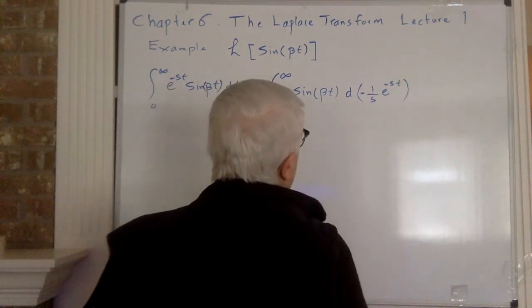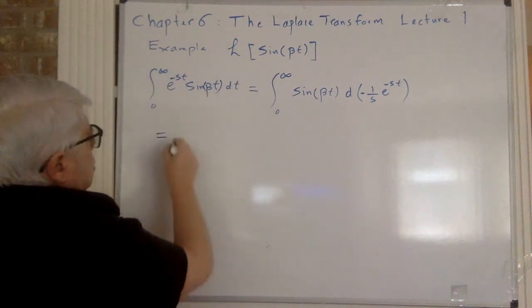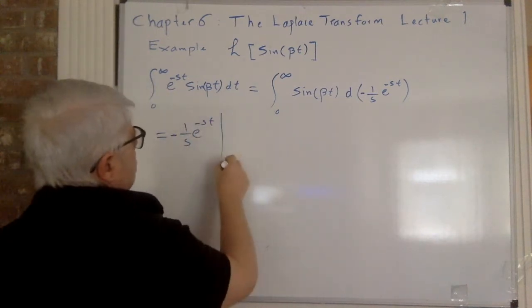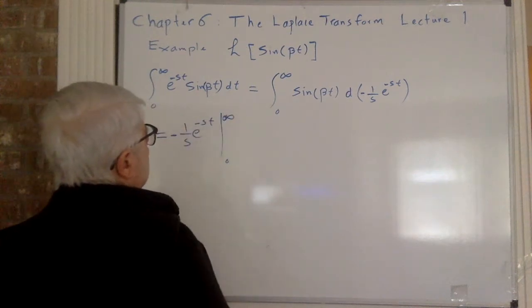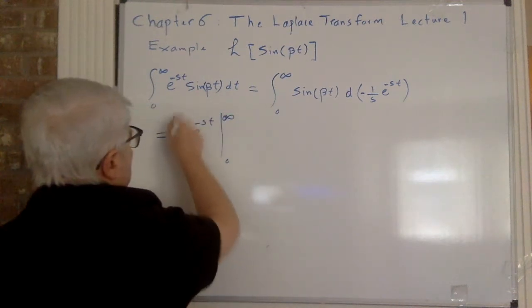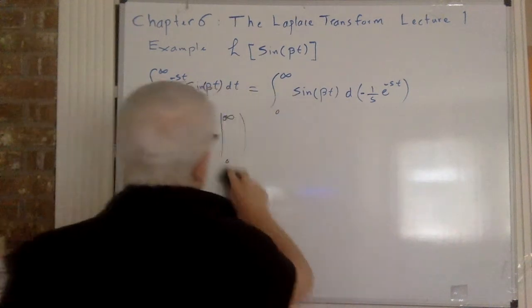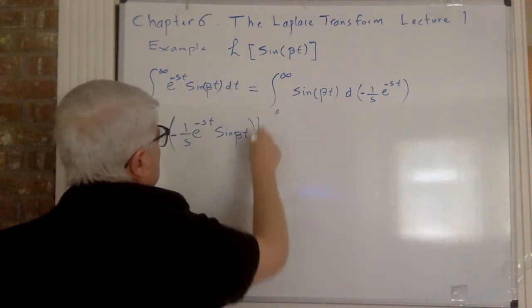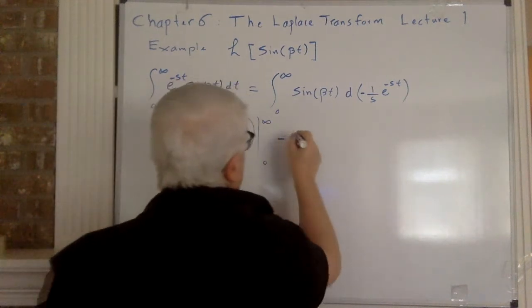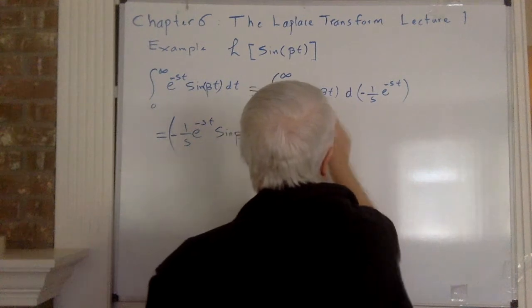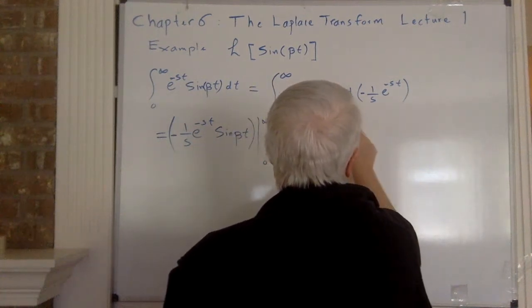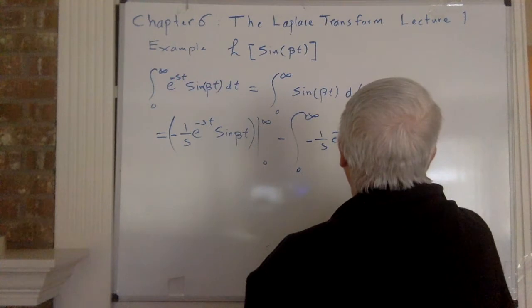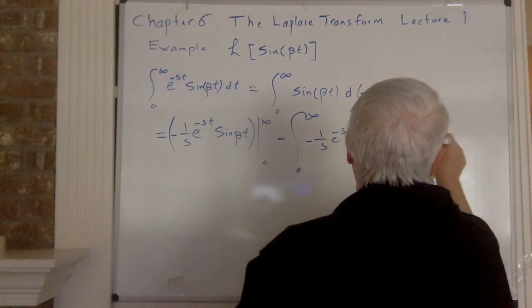Okay, so by that gives me minus 1 over s e to the power minus st, and this goes from 0 to infinity, times this times sine beta t, 0 to infinity, minus integral this one, 0 to infinity, minus 1 over s e to the power minus st, and that is cosine, derivative of this. So this beta cosine beta t dt.